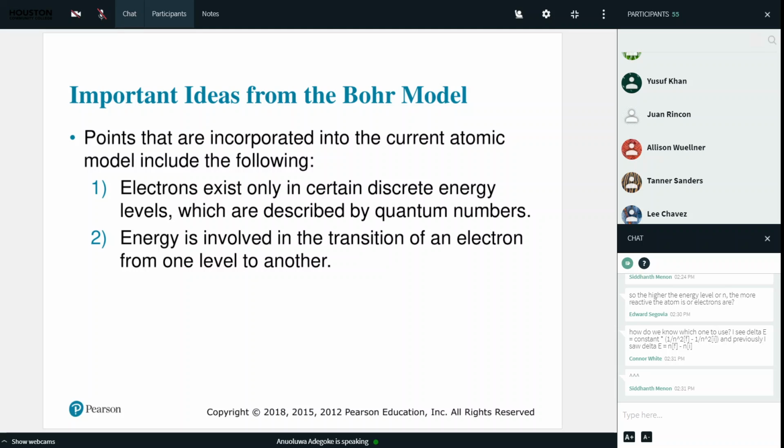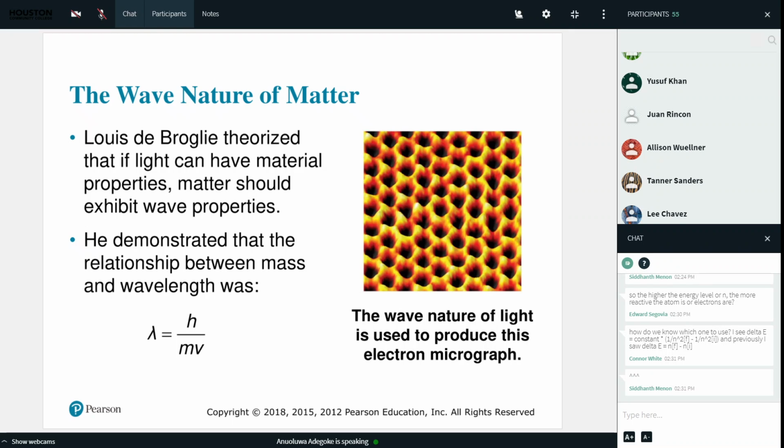I'm going to speed up right now because, like I said, we're learning all this so we can understand why and how we write electronic configurations in atoms, since this chapter is all about how electrons behave in atoms. So these are the important ideas of the Bohr model: electrons exist in only certain discrete energy levels, and energy is involved when an electron goes from one level to another.